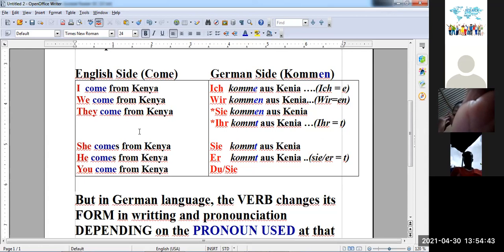Sie kommt aus Kenya, that's Irene. Er kommt aus Kenya, that is Lawrence.